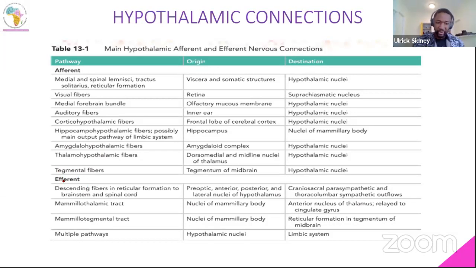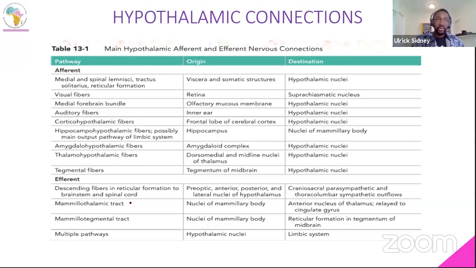And in terms of efferents, from the hypothalamus or one of its nuclei all the way to another organ. So you have descending fibers, which will go all the way to the parasympathetic and sympathetic areas of the spinal cord.